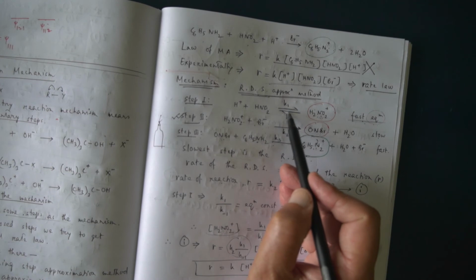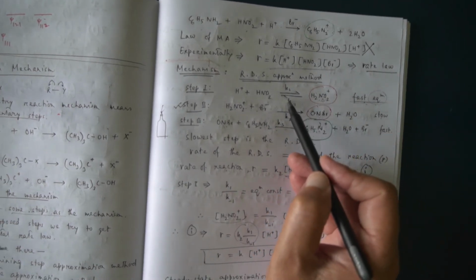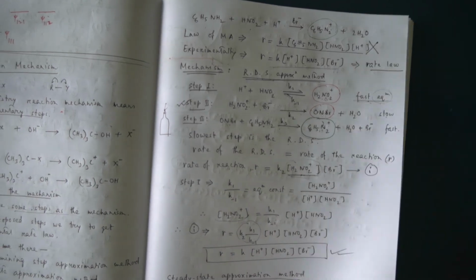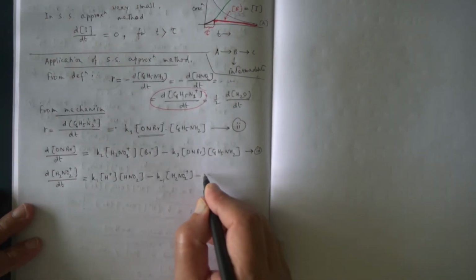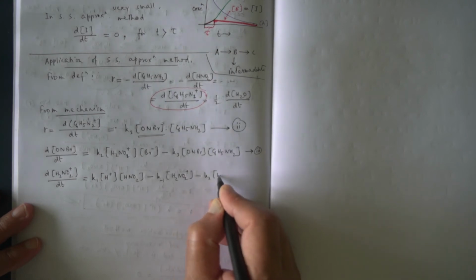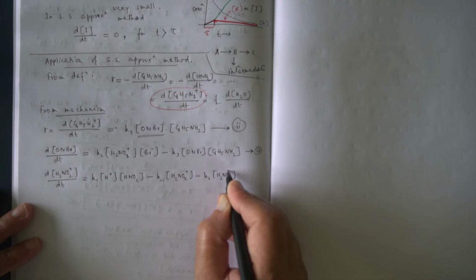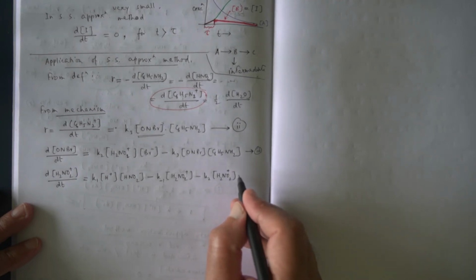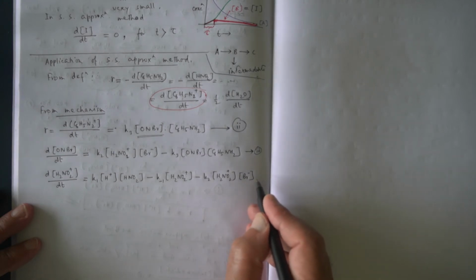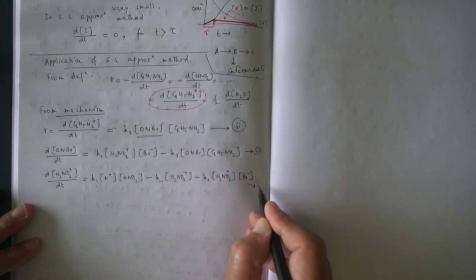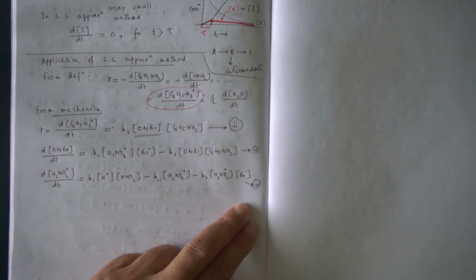For the backward reaction, the reactant is this, so minus. Again minus K2 [H2NO2+][Br−]. Okay, this is number 4. So these are the equations we are getting.